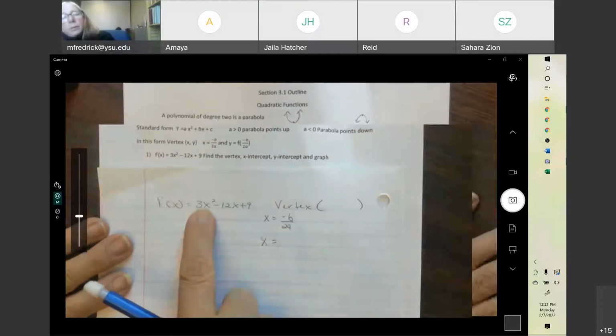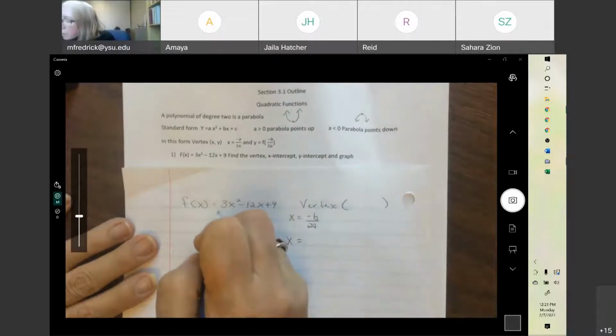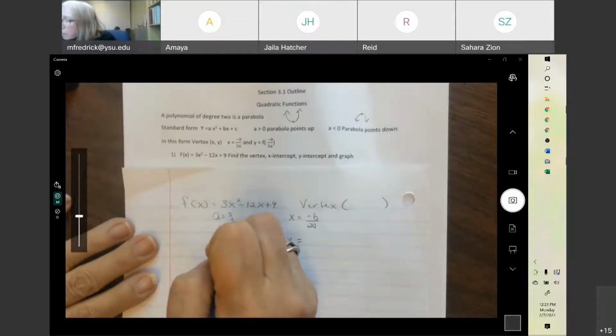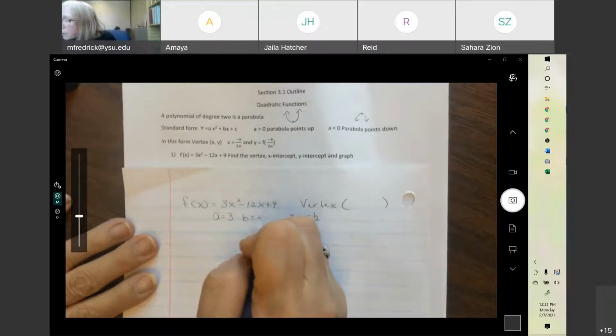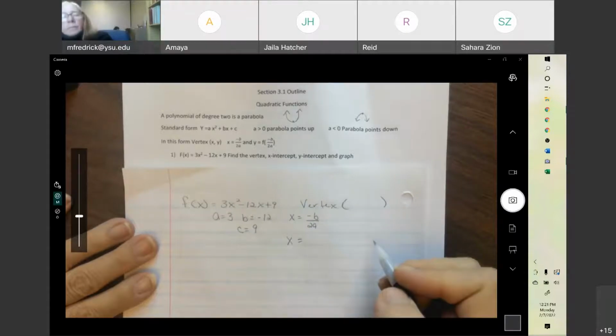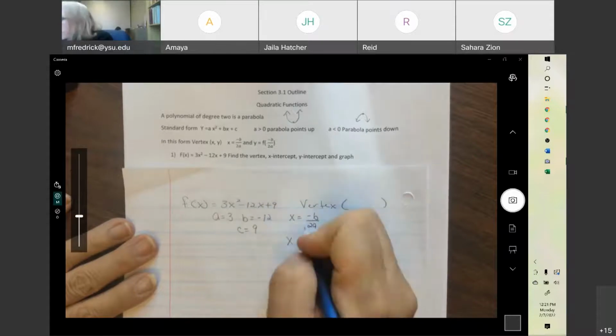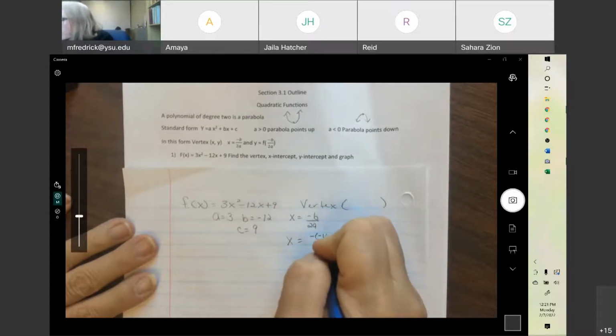A is in front of the squared term, so it's 3. B is the negative 12, and C is the 9. So make sure you take the sign with it. Negative B. Negative times a negative 12 over 2 times A.